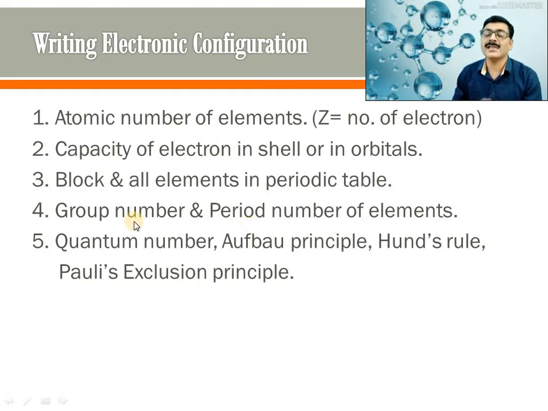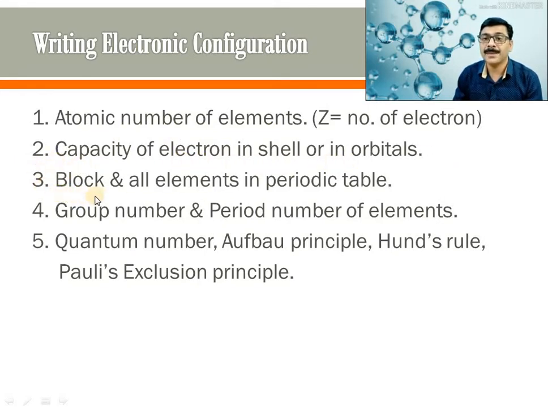Then the last one, you have to know quantum numbers, then the Aufbau principle, Hund's rule and the Pauli exclusion principle. If you remember all these points, then you can easily write the electronic configuration. First, the atomic number of all elements. Secondly, the capacity of shells or orbitals.